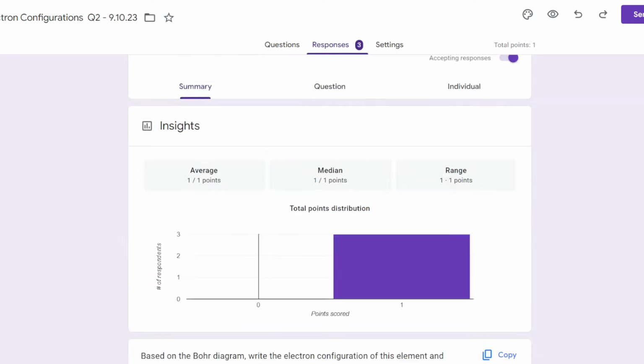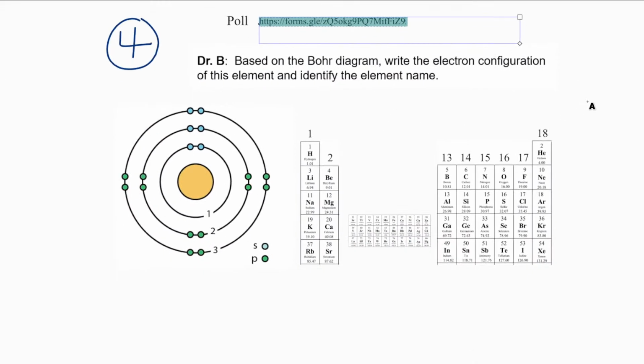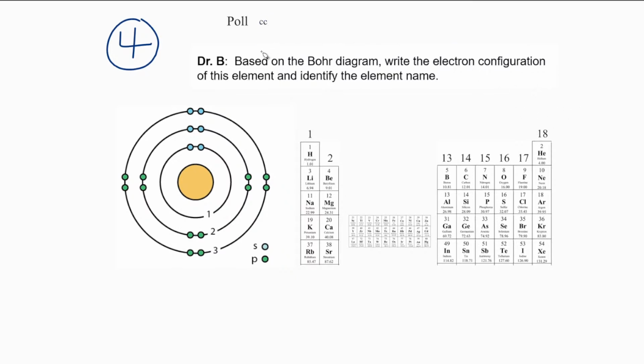Sweet. I'm going to jump over here and go back to our... look at this here. And so a Bohr diagram, right here, that's when you see the nucleus here, and then they just have these shells or energy levels, first, second, third. So I can just look at this and see that the first energy level, I have 2 in there, 1s2.